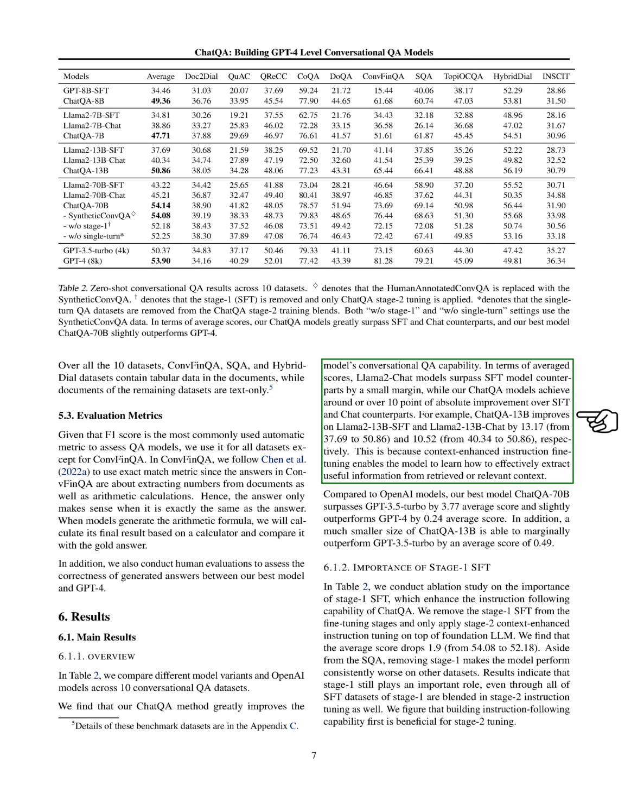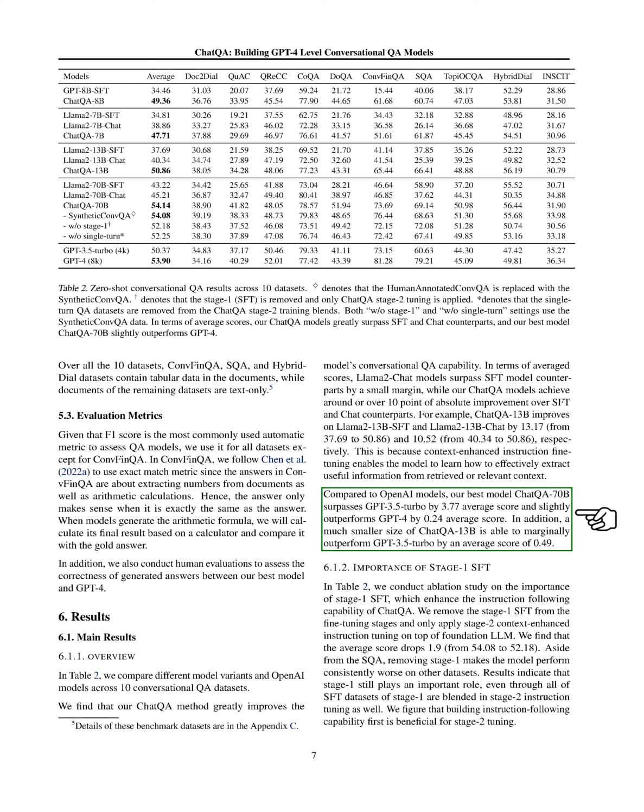For instance, ChatQA 13b improves on Llama 2 13b SFT and Llama 2 13b chat by 13.17 and 10.52 points, respectively. This is because context-enhanced instruction fine-tuning allows the model to learn how to effectively extract useful information from the retrieved or relevant context.